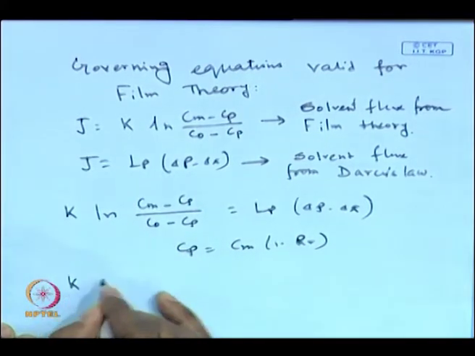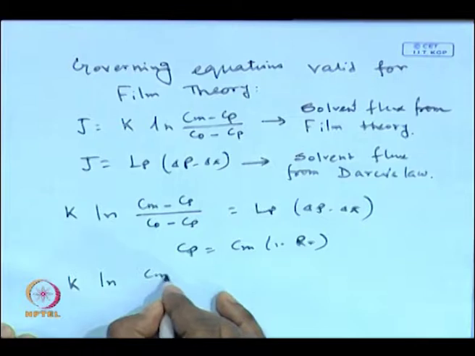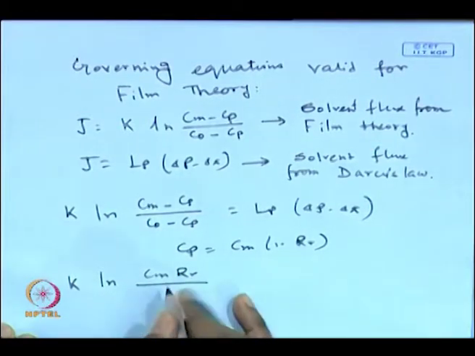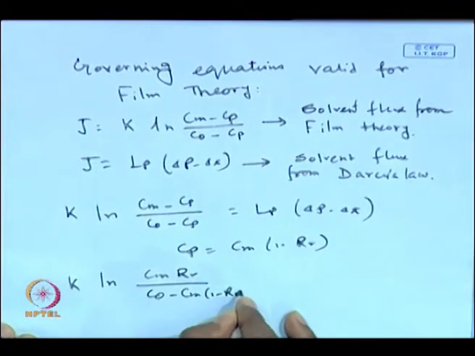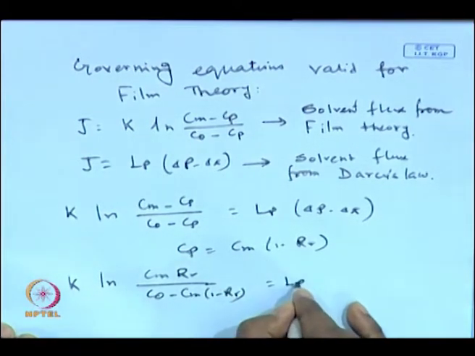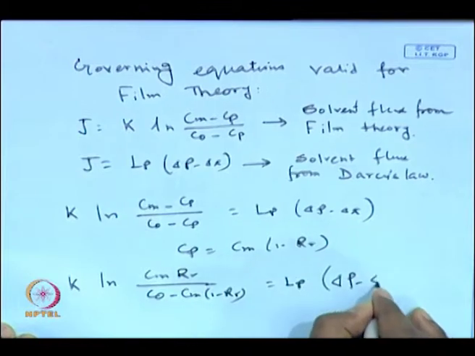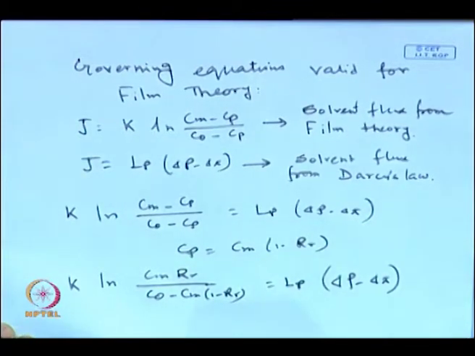So, this becomes K ln Cm Rr, the numerator, and the denominator becomes C naught minus Cm into 1 minus Rr is equal to Lp times del p minus del pi. Okay. Now, in this expression we have already estimated real retention, and it was around 0.92.